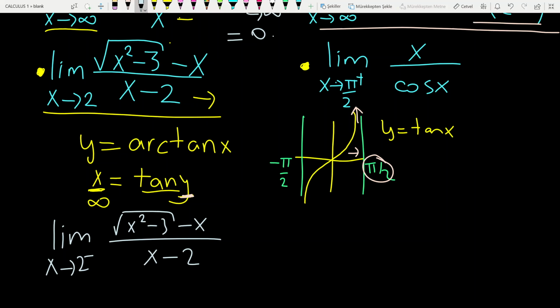When you approach the point 2 from left, sorry, not right, left, you have numbers smaller than 2, right? So you will have negative values in the denominator.